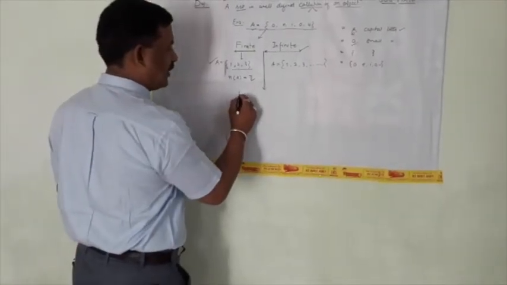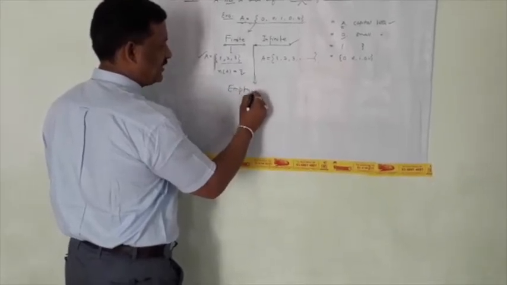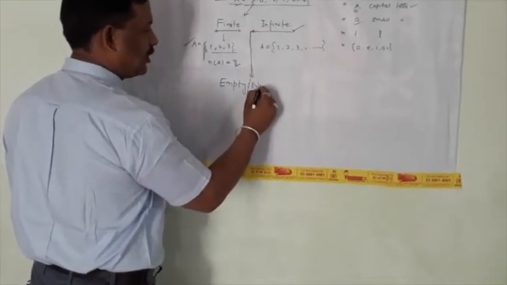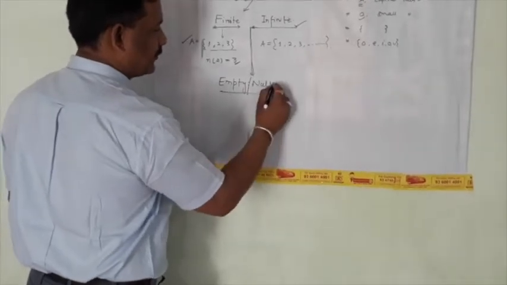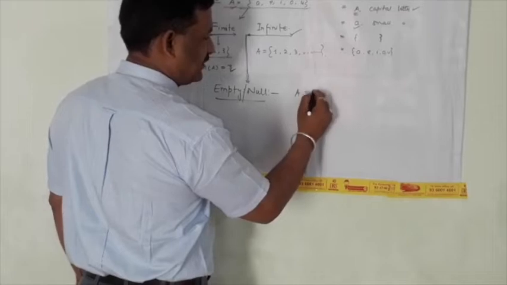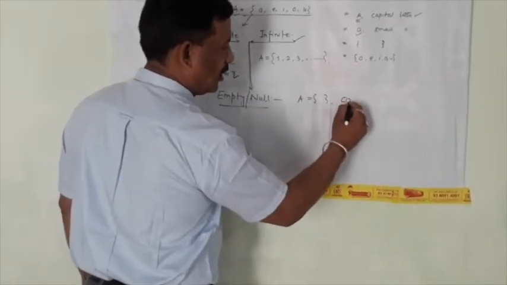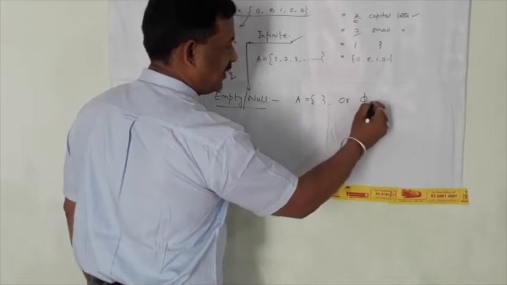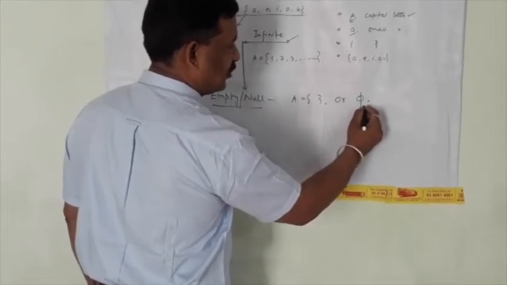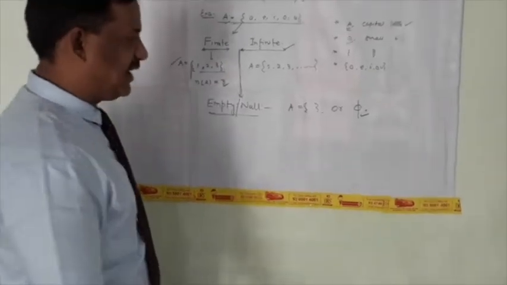Now move on to another type of set, which is called the empty or null set. For example, a set which is denoted by a blank curly bracket or by the symbol phi. This symbol is known as phi, which is the symbol for the empty set.